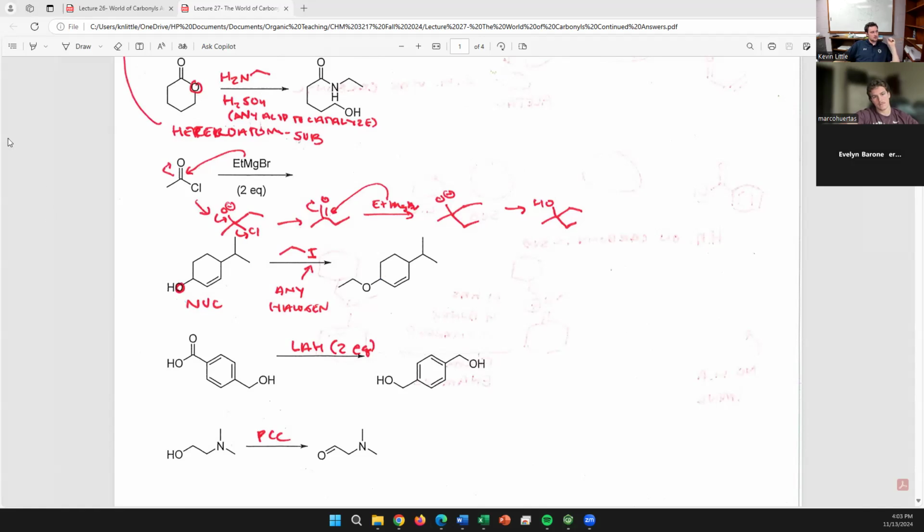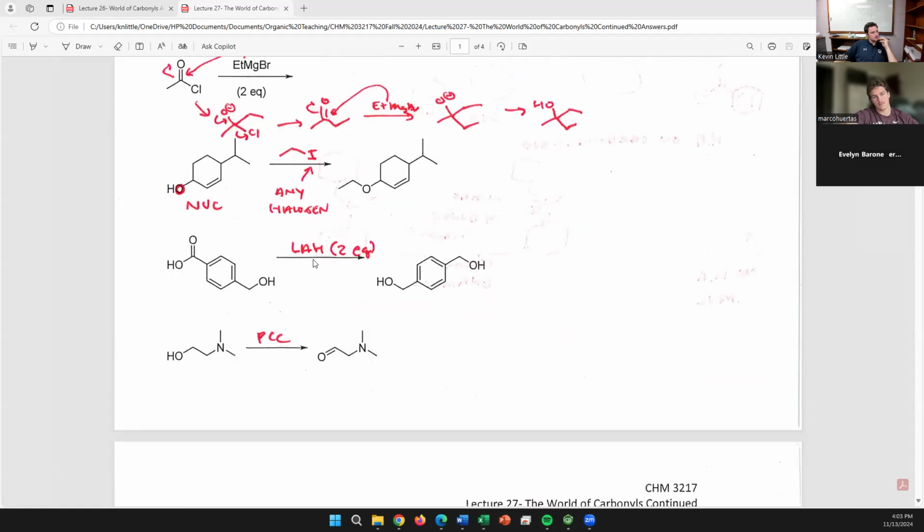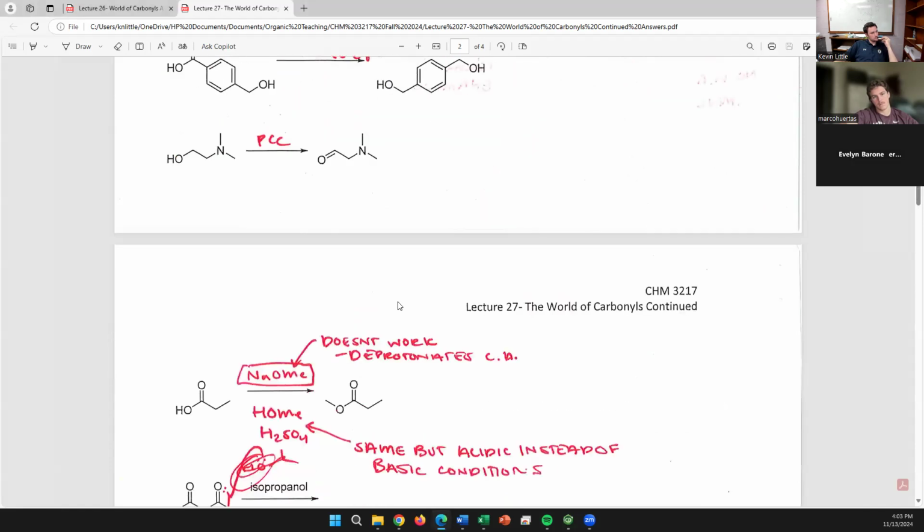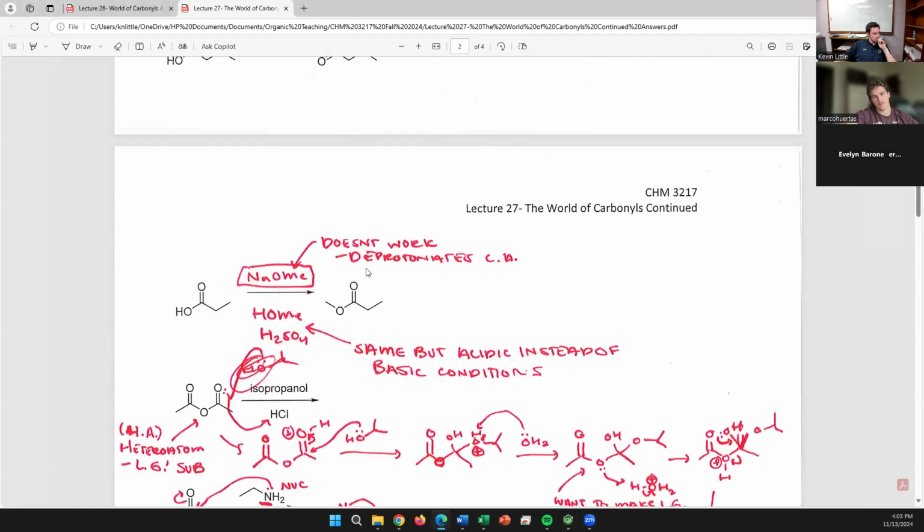That means I need to pair it with an electrophile, so I chose something with a leaving group. This is a substitution reaction from last test. All right, I think people got the LAH and the PCC pretty well. Oxidation, reduction.